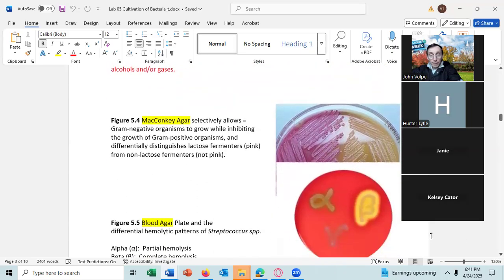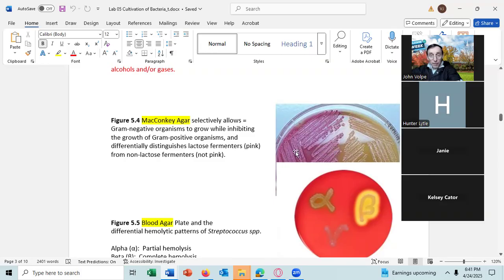So how we're looking at McConkey's agar, it is selective in that gram-positive cells tend not to grow and gram-negative cells tend to grow. So if you get growth, it's most likely gram-negative, but it's also differential because if there's growth, you can differentiate between the organisms that can ferment the sugar lactose.